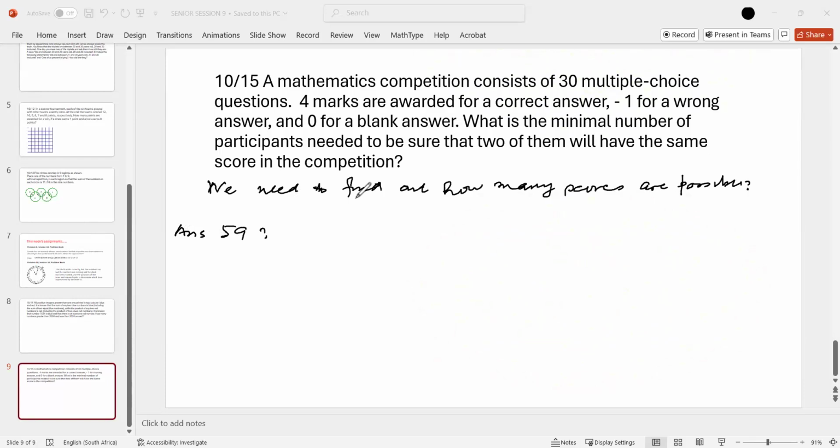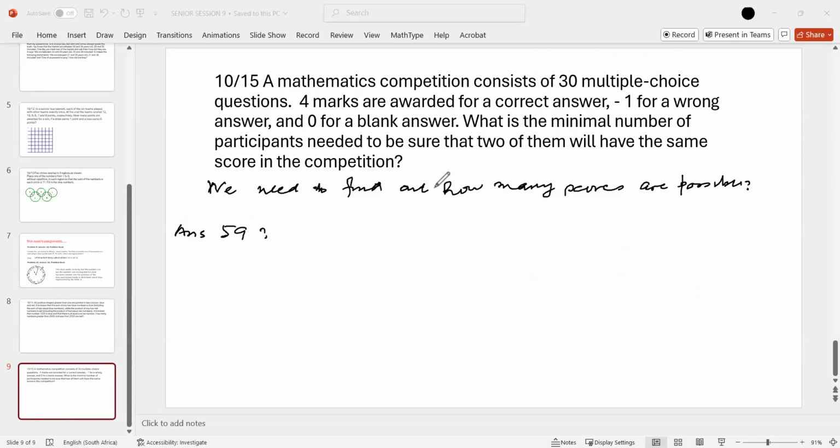So the minimal number of participants will have to be 60 then, because if you got 60 people and there are only 59 scores, then two of them will have the same score, right? Because all you have to do is add one more, and then you got 60 people placed into 59 lots.